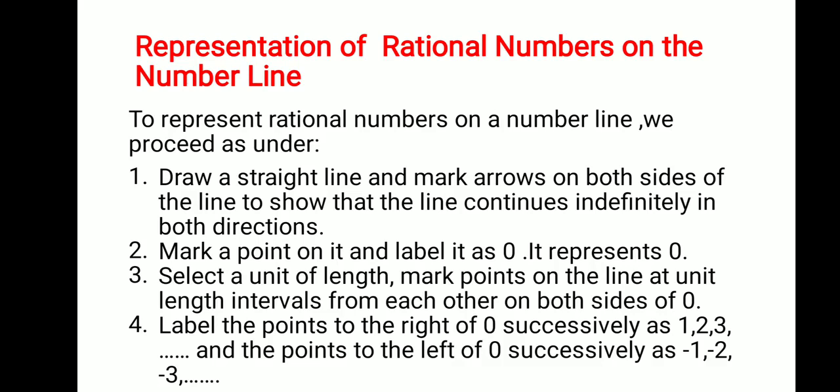It represents 0. After that we select a unit of length and mark points on both the sides of 0. The points on the right of 0 are positive and the points to the left of 0 are taken as negative. I think everyone knows how to make a number line.